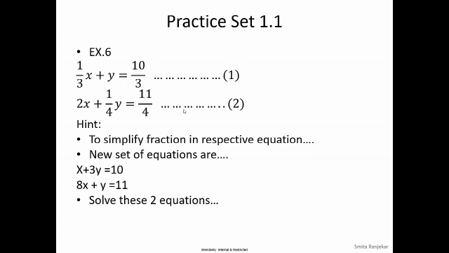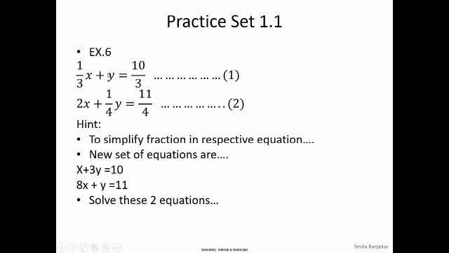Now example 6 in the practice set, it is 1 upon 3 x plus y is equal to 10 upon 3. No need to worry about fractions. We can simplify this equation. And another one is 2x plus 1 upon 4 y is equal to 11 upon 4.